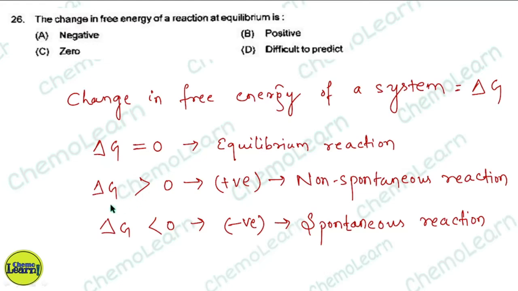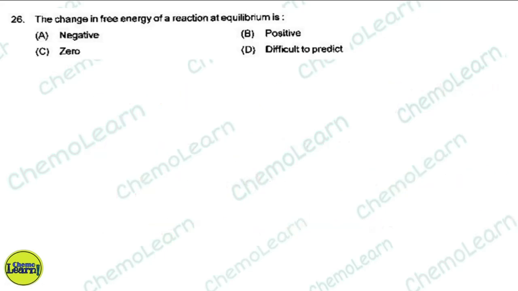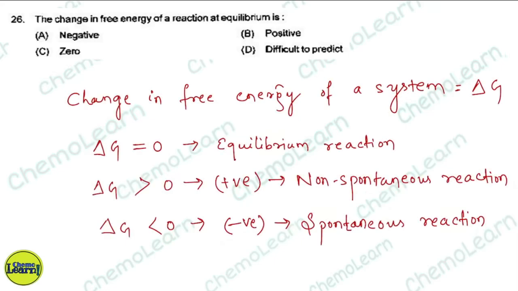Delta G greater than 0, that is a positive value, is for a non-spontaneous reaction. And delta G less than 0, that is a negative value, is for a spontaneous reaction. So the change in free energy of a reaction at equilibrium is 0, because it is asking about equilibrium.